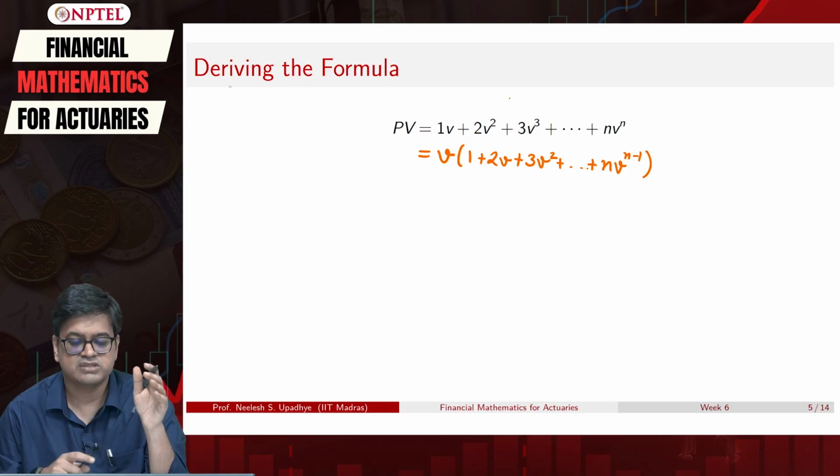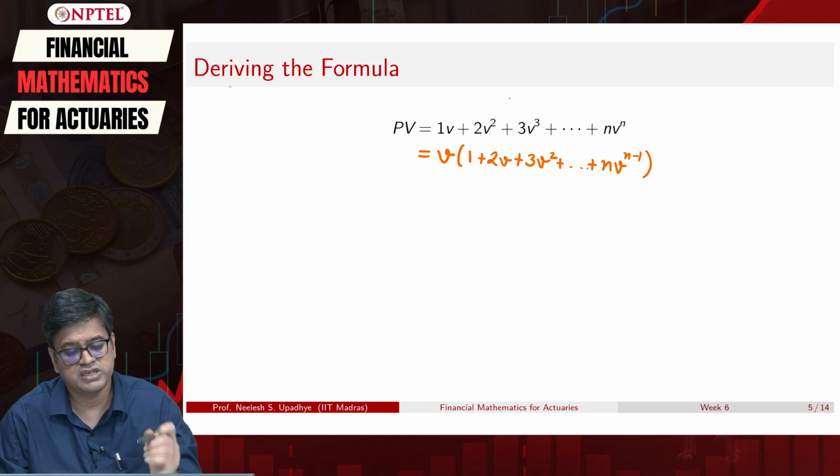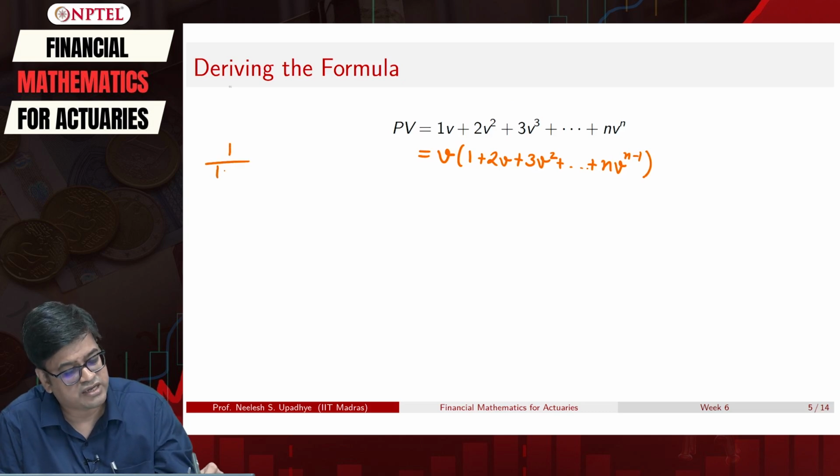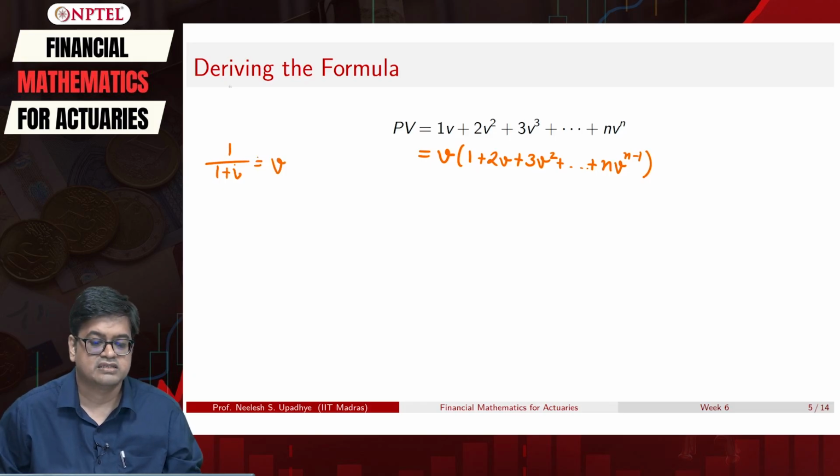So what I will do is a simple trick: I will multiply by this factor of 1 plus i, since v is actually 1 upon 1 plus i, and get one new sum. Okay.